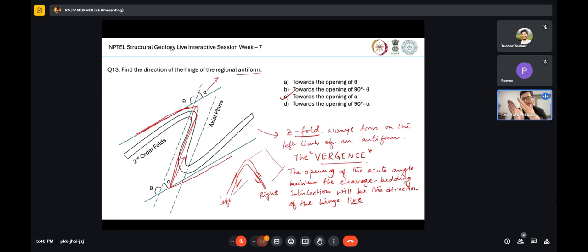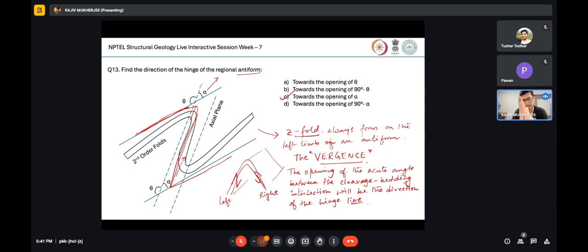So in an asymmetric fold, the cleavage planes transect the bedding planes in such orientation that it produces an angle and it rotates with further deformation. Say for example, you have an axial planar cleavage, and at the hinge line it should be perpendicular.